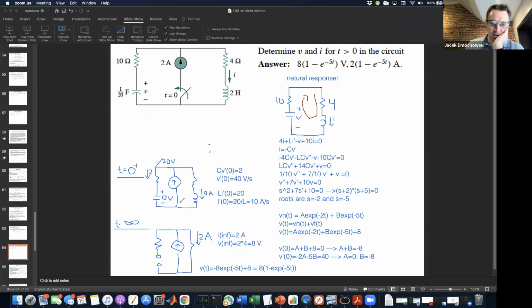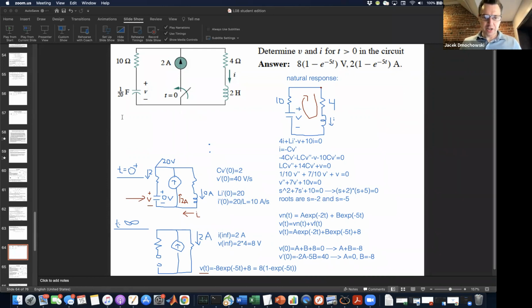Let's look at this time point. This is 2 amps here. This is I here. And this here is V. So we already have a solution for this, right? We have a full solution across all time for V of t.